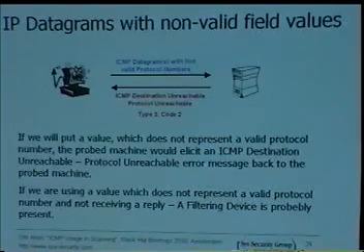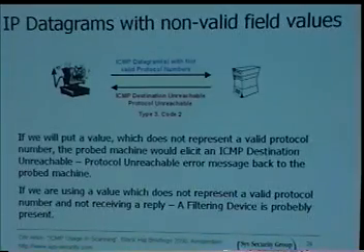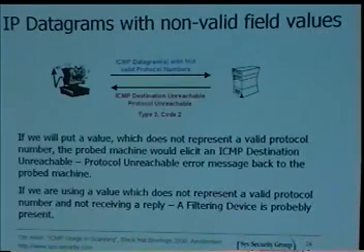What I should get back is an ICMP destination unreachable, protocol unreachable, which means that protocol is not being used on the machine. If we are using a value which definitely is not representing any valid protocol, and we are not getting any reply back, this means that this device is probably filtering that host.